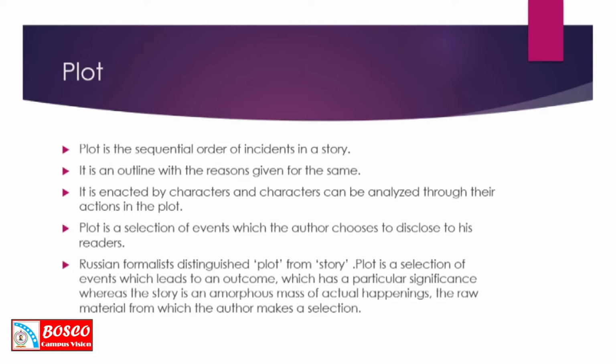Othello killed his wife Desdemona because he suspected an affair between his wife and his best friend. That's why he killed his wife. That means here the outline with the reason is given.